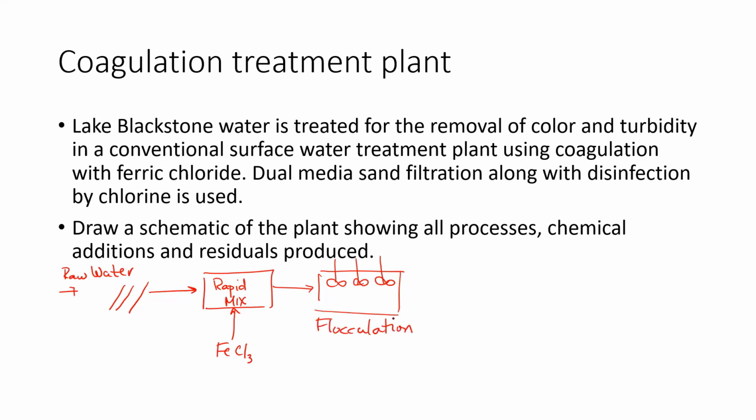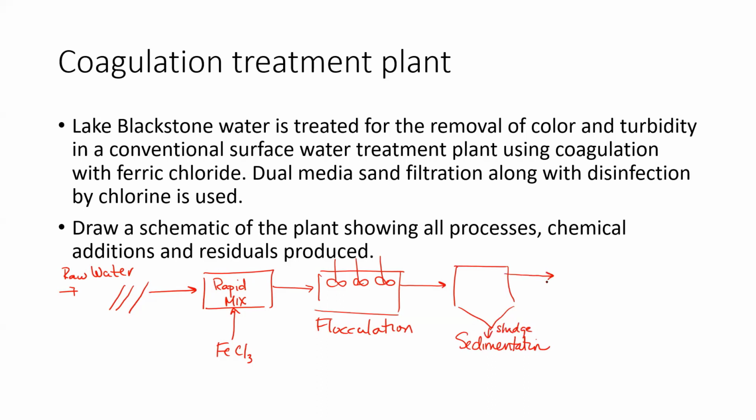Here we have slow mixing to allow those particles to contact one another and aggregate, and then be large enough to be removed in the sedimentation basin. And that's where the sludge is produced.